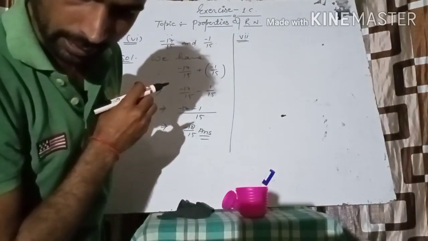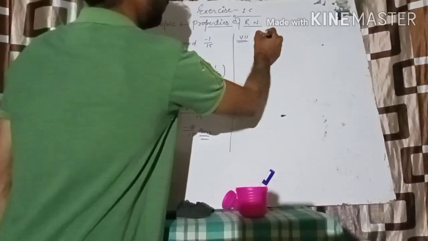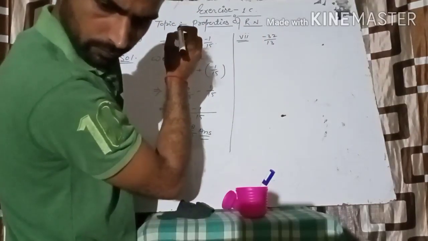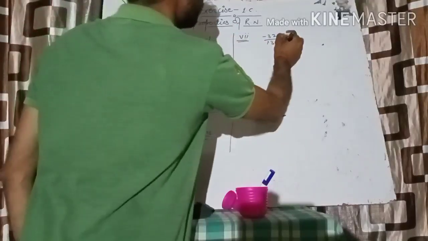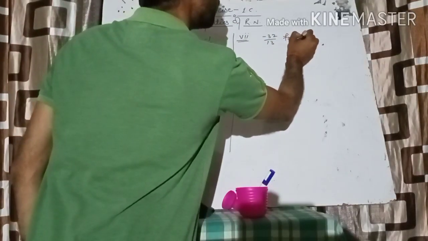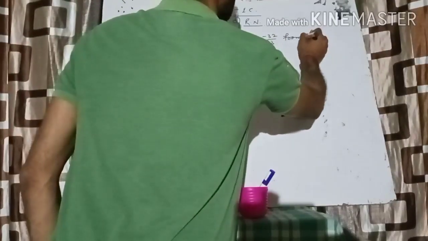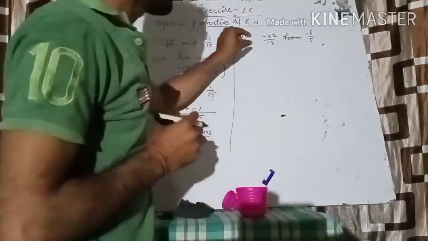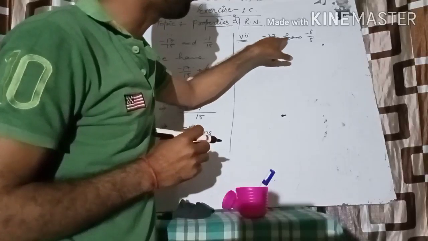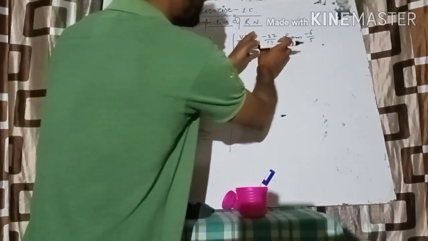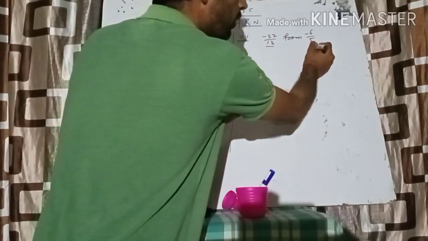Subtract minus 32 by 13 from minus 6 by 5. Okay, what is your question? Subtract minus 32 by 13 from minus 6 by 5, means you have to subtract this rational number from this one.